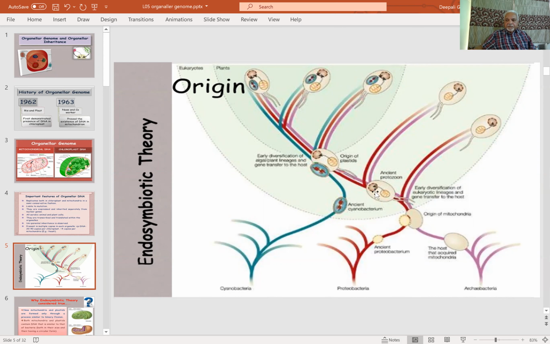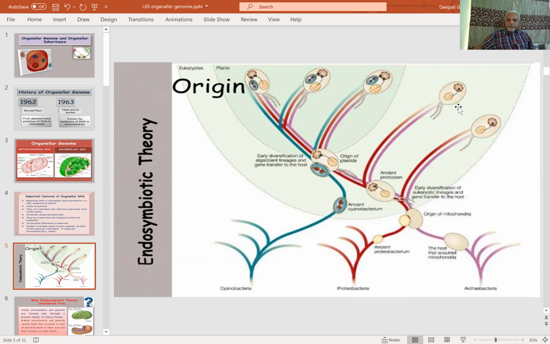As time passed, the protozoans got into the archaebacterial cells and later on differentiated into mitochondria. And when this archaebacteria and protozoan combination fused with a cyanobacterial cell in evolution, it gave rise subsequently to the plant cell or plant kingdom. So that's how eukaryotes, like plants and animals, evolved.